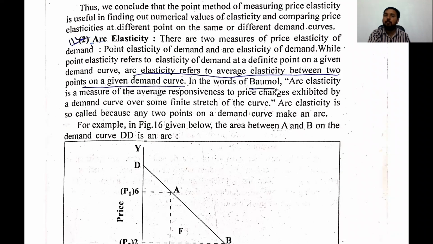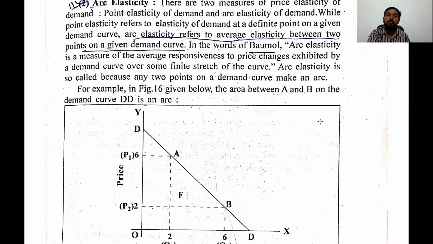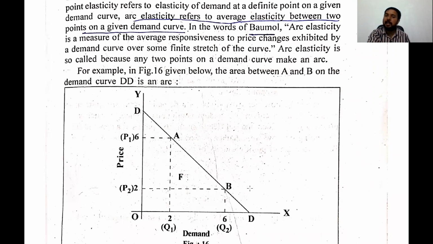In the words of Baumol, arc elasticity is a measure of the average responsiveness to price change exhibited by a demand curve over some finite stretch of the curve. It is called arc elasticity because any two points on a demand curve make an arc. So when two points make an arc, it is called arc elasticity.